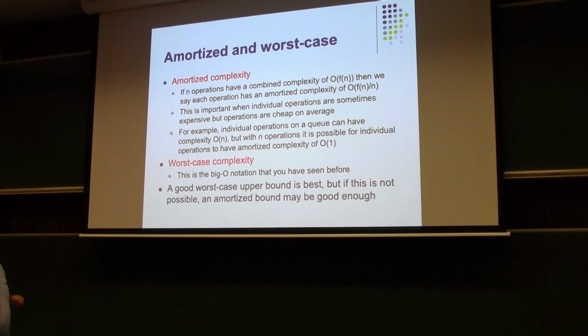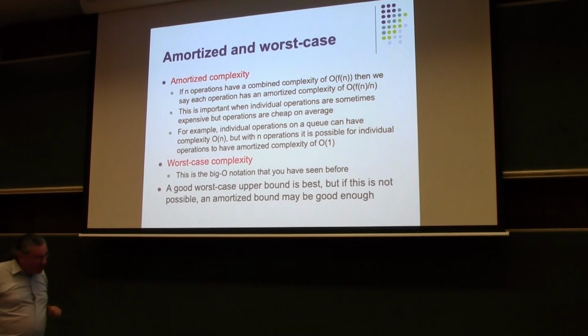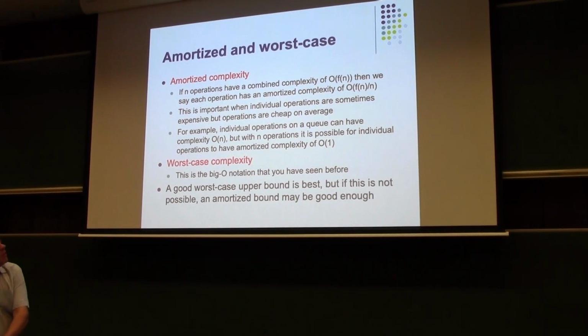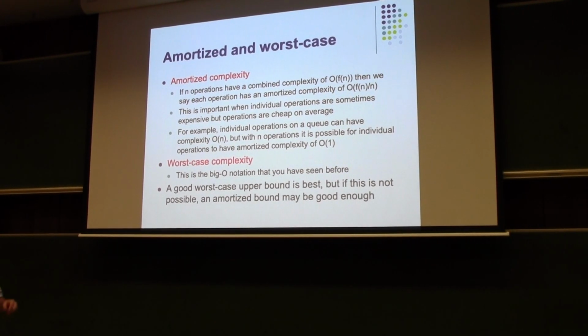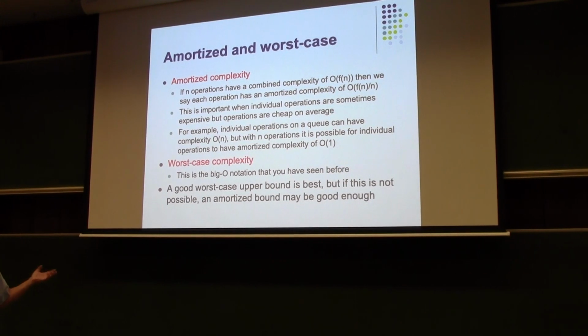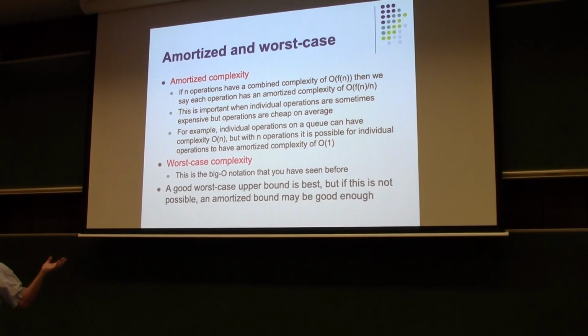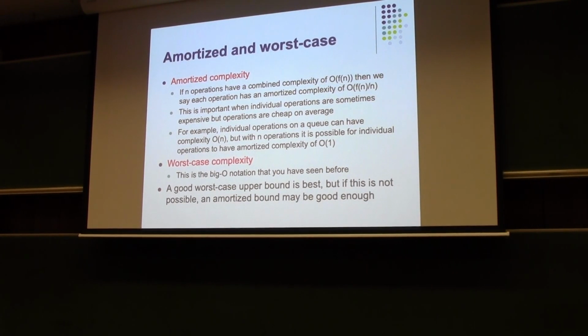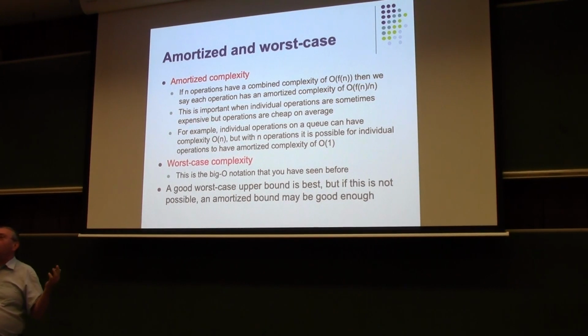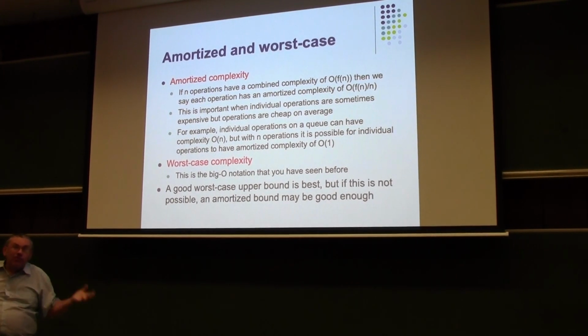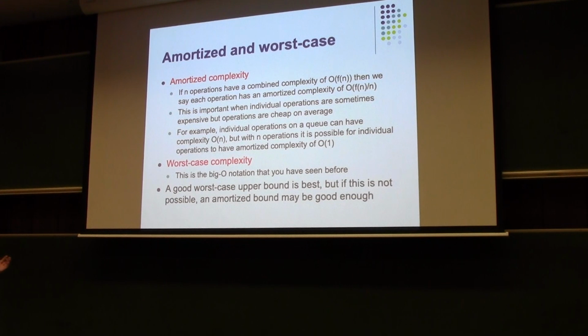So first, amortized. Amortized complexity means if you do lots of operations, maybe most of them are cheap, but one of them is expensive. Well, that's not so nice. So the worst case is very bad. But still, on average, it's good, okay?